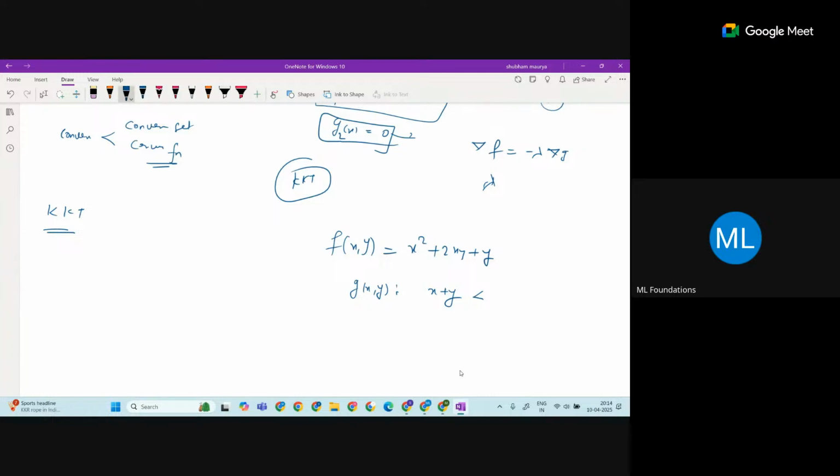I can make it an equality or inequality. Let's say x is less than or equal to y square. So how will we do this? This is not KKT; only one single constraint is given.